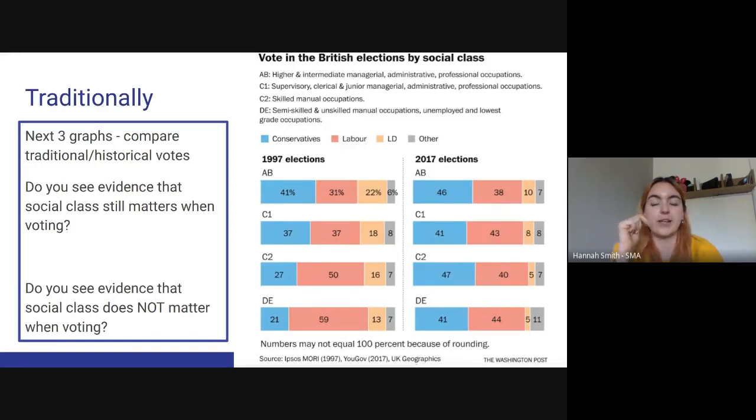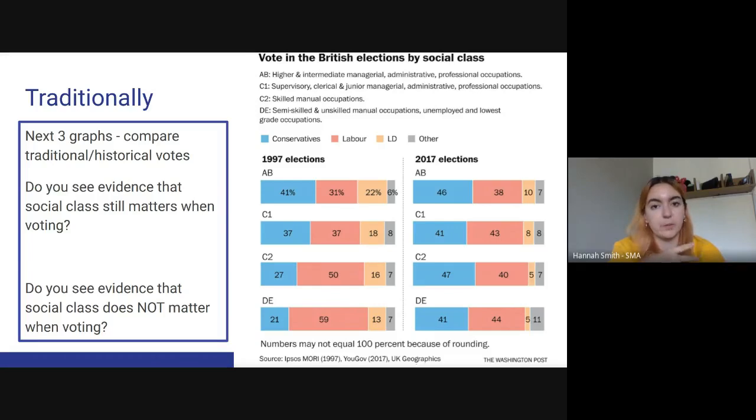Does that mean social class matters? No, not in this case. Back in 1997, it could well be that social class mattered, because the majority of those in the lower jobs, the lower skilled or the unemployed, were voting Labour.